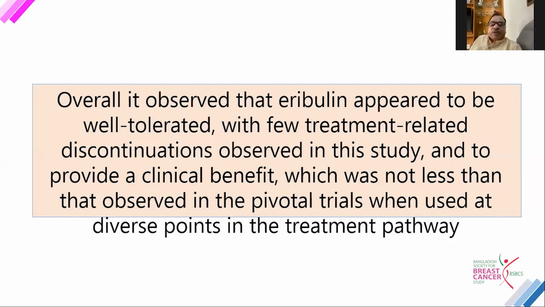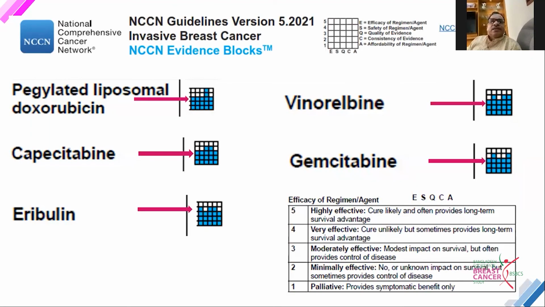In the NCCN guidelines, in the advanced metastatic setting, the drugs used are liposomal doxorubicin, capecitabine, vinorelbine, gemcitabine, and Eribulin. But Eribulin is very effective, and sometimes provides a long-term survival advantage.